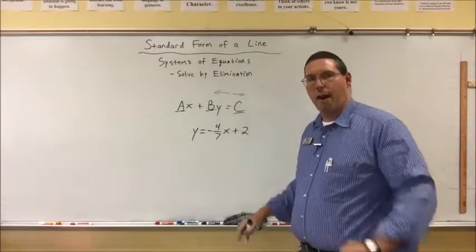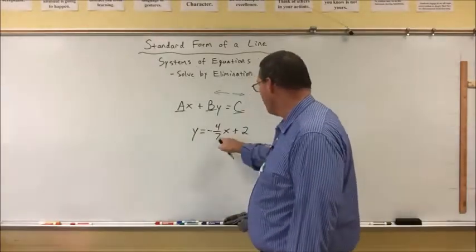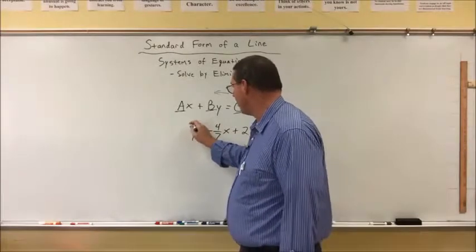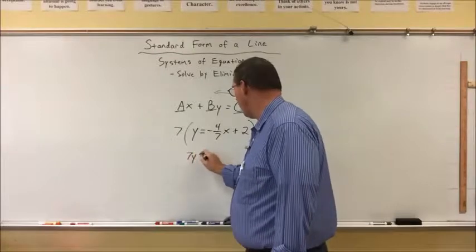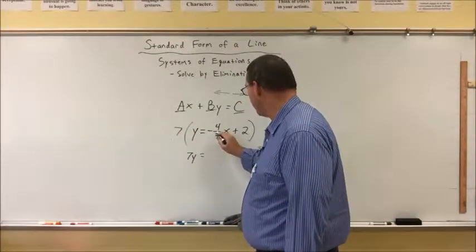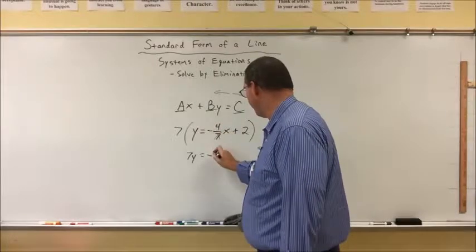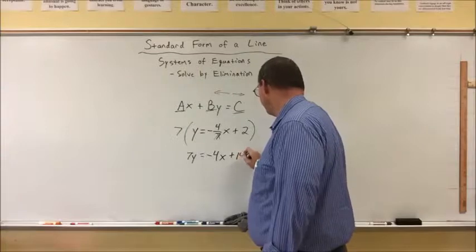I want to get rid of the fraction, and the way I do that is to multiply through by the denominator. I'm going to multiply everything by 7. So 7 times y is 7y equals 7 times negative 4/7, which cancels the denominator and brings down the negative 4x. 7 times 2 is 14.